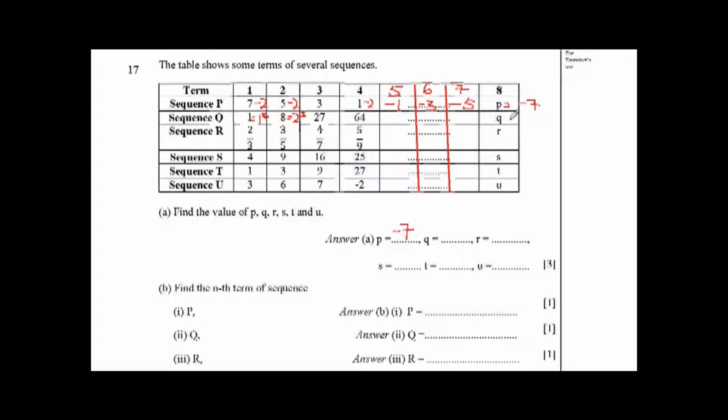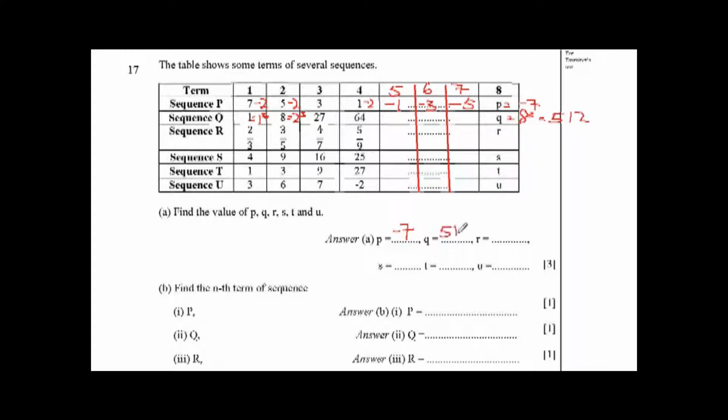So if we want to find the value of Q, which is the 8th term, it should be equal to the n number of the 8th term, which is 8 cubed, and the value is equal to 512.